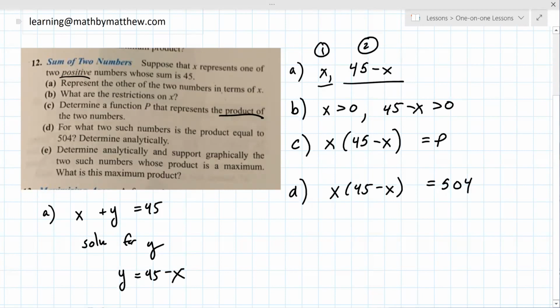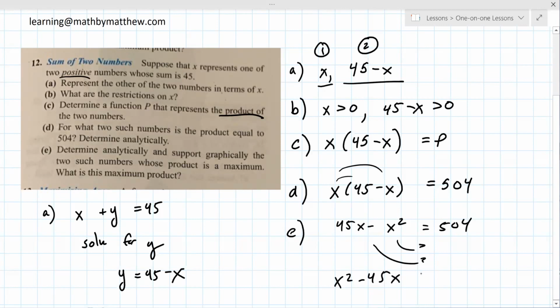Does that mean that we just solve it? Yeah, in this case, you're probably going to factor. Well, you're going to distribute this x in here, so you're going to have 45x minus x squared equals 504. I'm going to move everything to the right, so you get x squared minus 45x plus 504 equals 0.